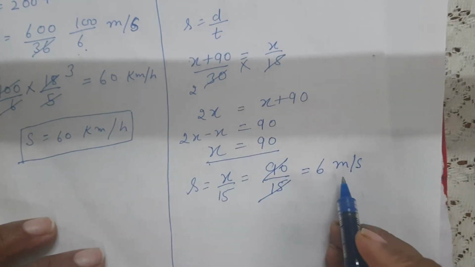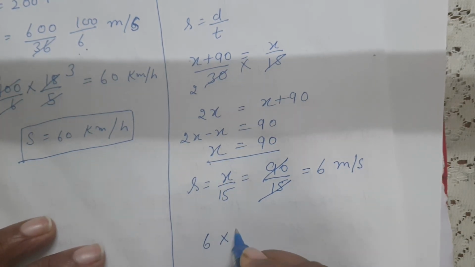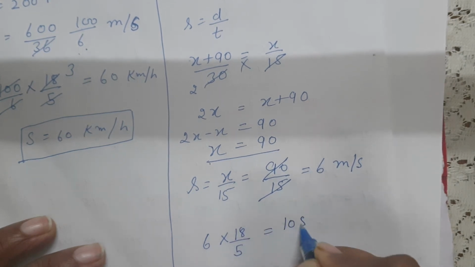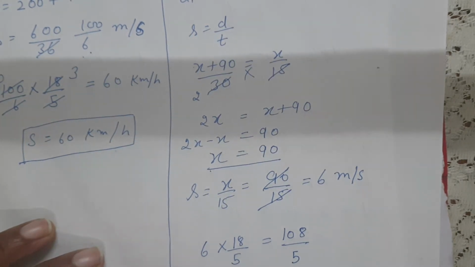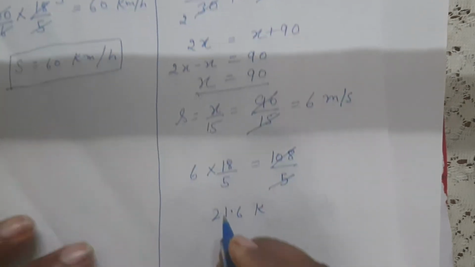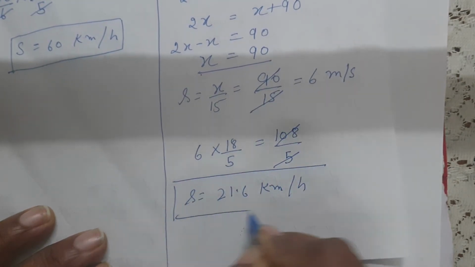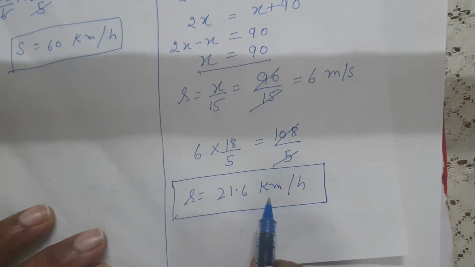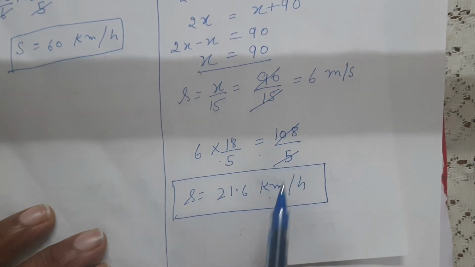But we have to find the speed in kilometer per hour, so we will multiply it. 6 into 18 upon 5, it means 108 upon 5, which is 21.6 kilometer per hour. Because in this question we want speed in kilometer per hour, we multiply with 18 by 5, which equals 108 upon 5.